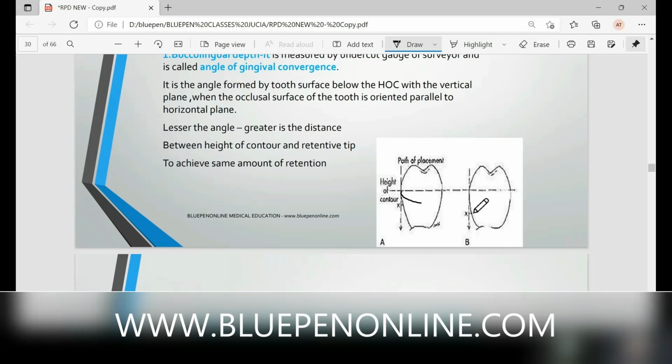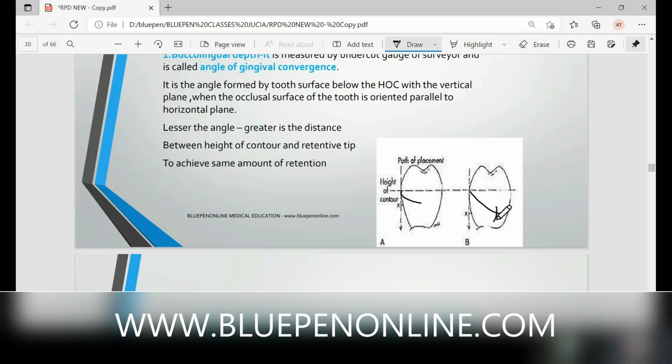But here, where is the undercut? This is undercut. Now from the height of contour, see how it has to go. Just compare these two pictures. Here, this is undercut, so you can stop your retentive terminal here. See here, where is undercut? This is undercut, so this has to move more. The retentive terminal will end somewhere here.